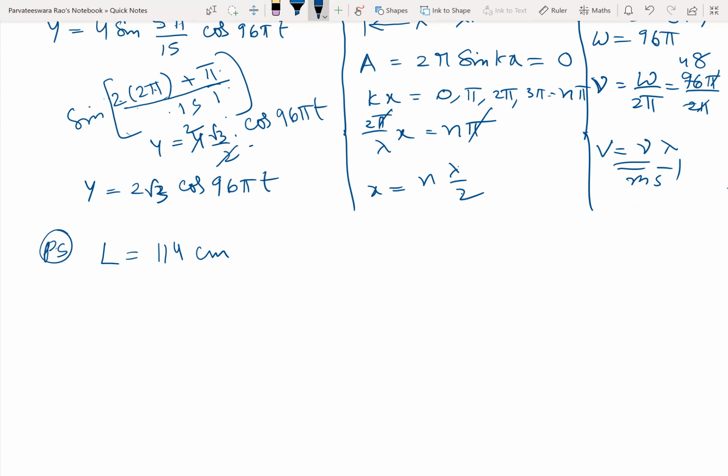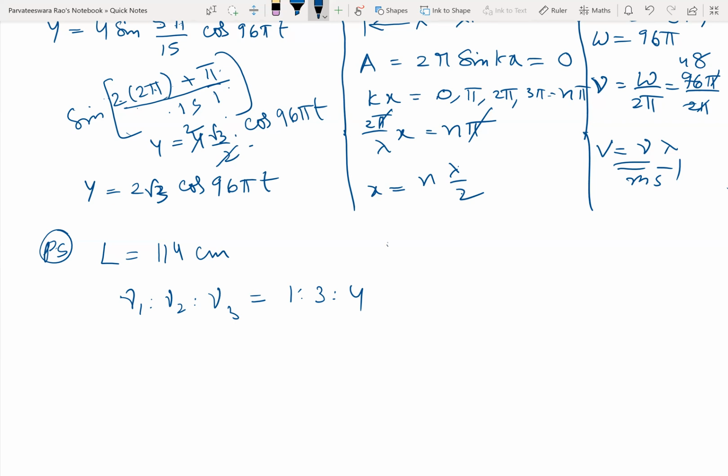How can this wire be divided into 3 segments whose fundamental frequencies will be in the ratio 1:3:4?